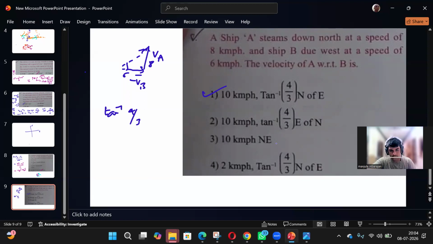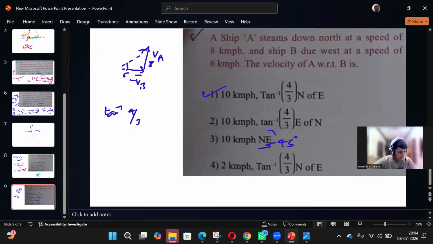No, no. See, northeast, the angle is 45 degrees. It's in the middle of north and east. That is the meaning of northeast. You chose option 3, right? No, I chose option one, sir. Okay, fine. Northeast means exactly in the middle. That will be north 45 of east.